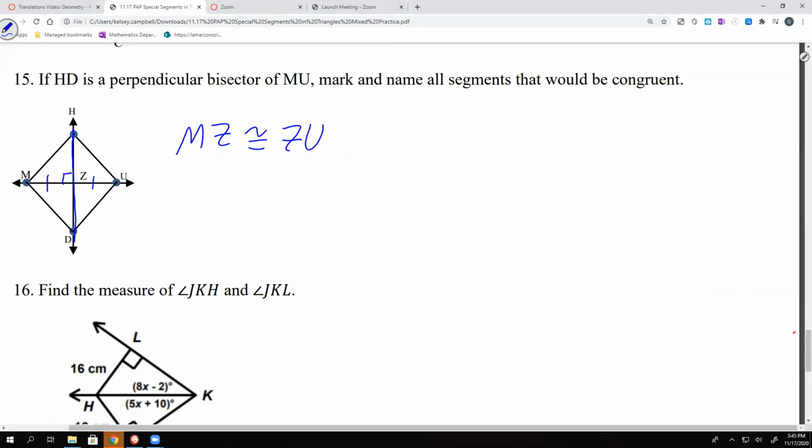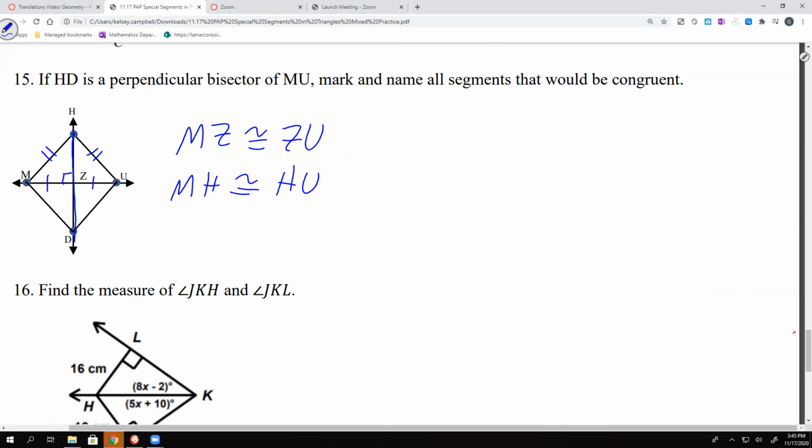Now, we know that since these 2 lines are perpendicular bisectors, we would know that the diagonal pieces are congruent, right? So MH would be congruent to HU. Now, we also have to be careful, though.